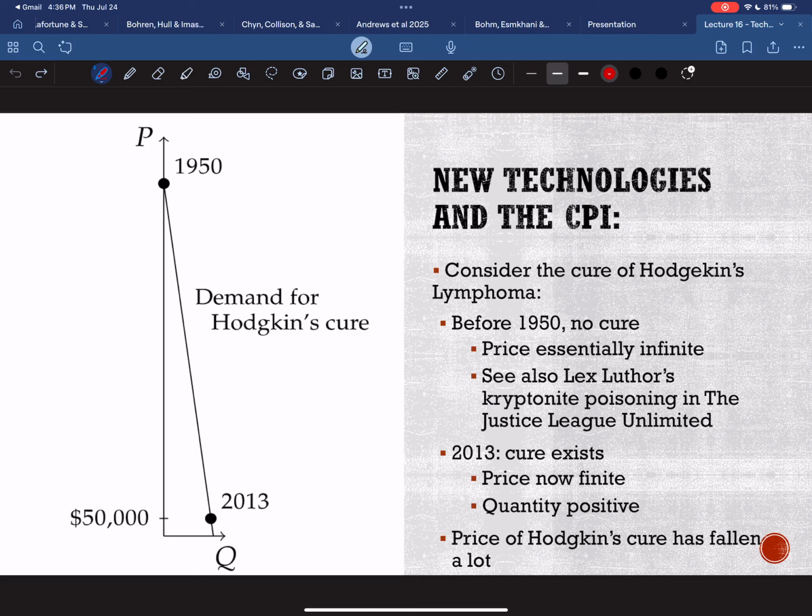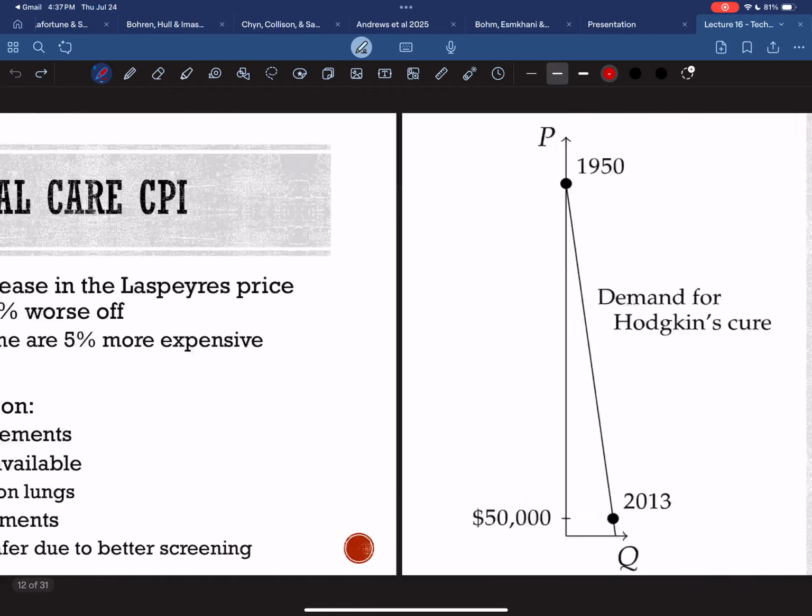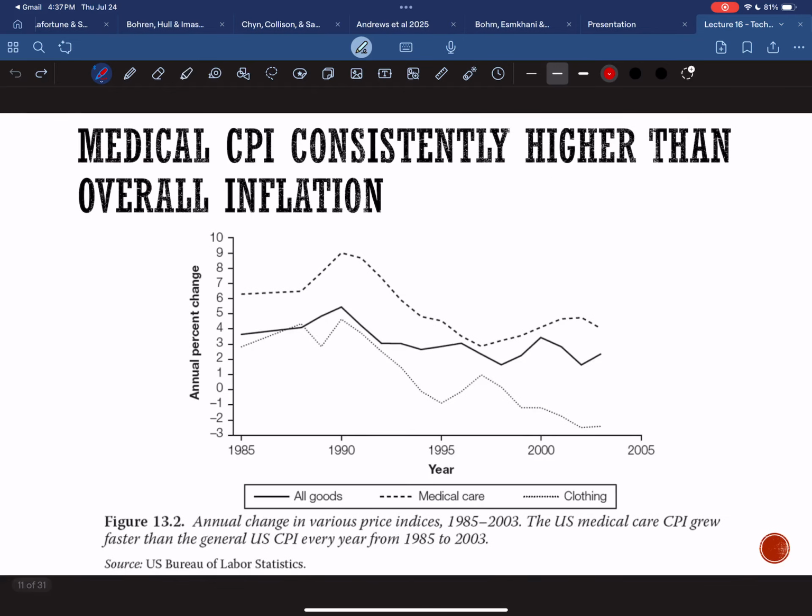It's really hard. If the medical care industry is more innovative than the economy on the whole is, and there's a lot of reason to believe that it is, it could be that the medical care CPI is higher than the overall CPI, not because the price of medical care is actually rising, properly understood, but because yes, prices are getting higher, but they're getting higher because the quality of medical care is actually improving.